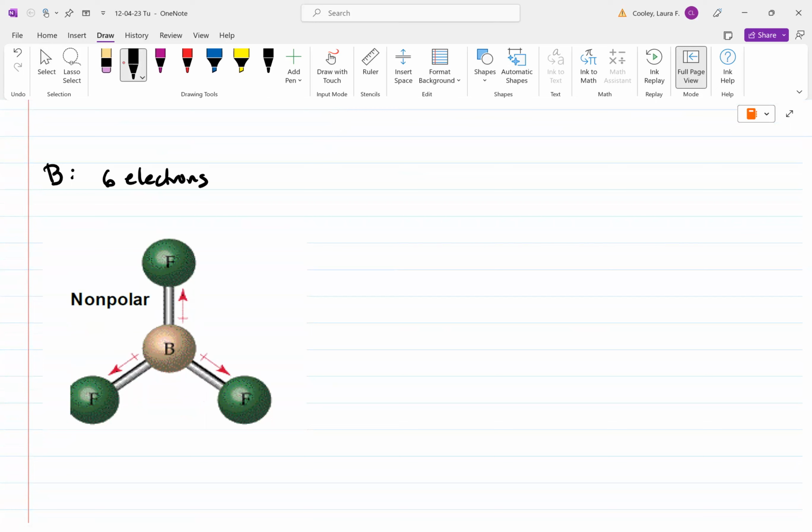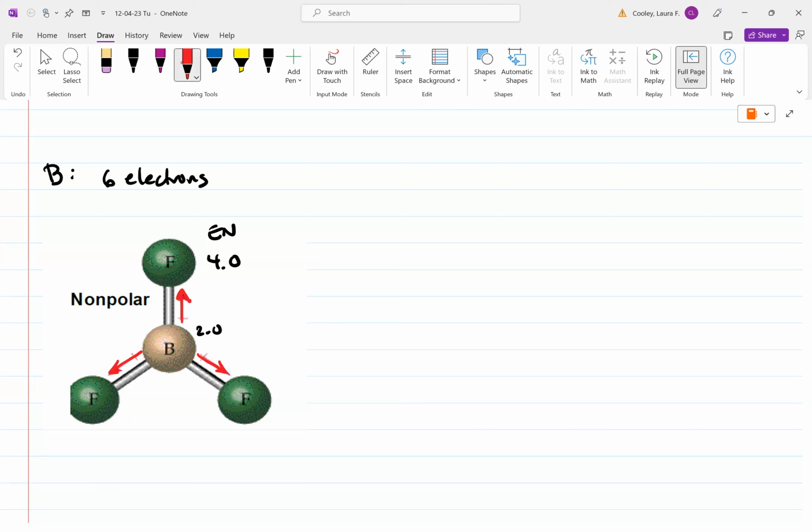So if you had BF3, you would have very strong dipoles in each one of these bonds, because fluorine has an electronegativity of 4.0 and boron is 2.0. That's actually considered ionic in the table, but I still say it's just very, very polar. So you have these 3 big dipoles pointing in these 3 different directions.